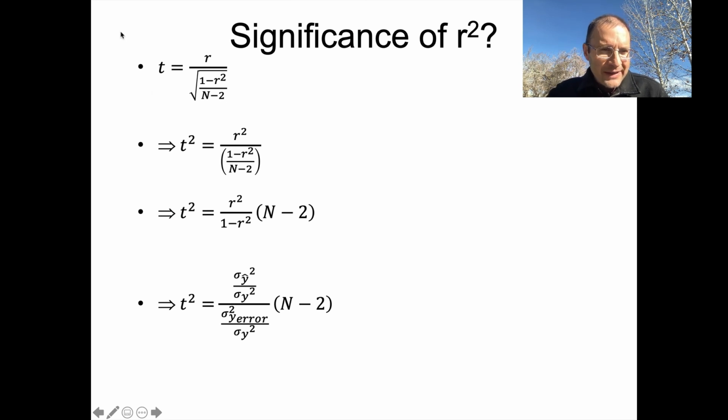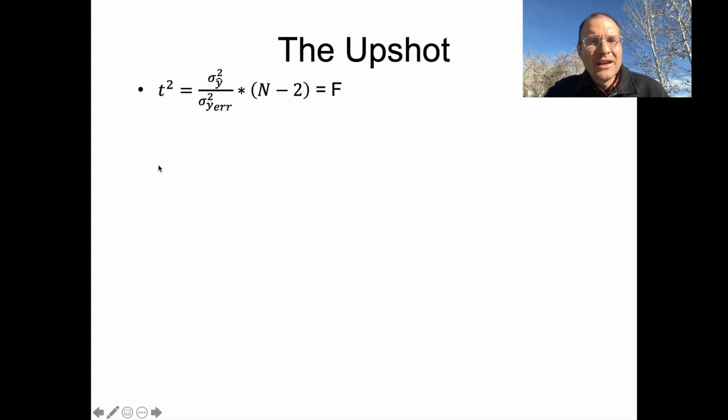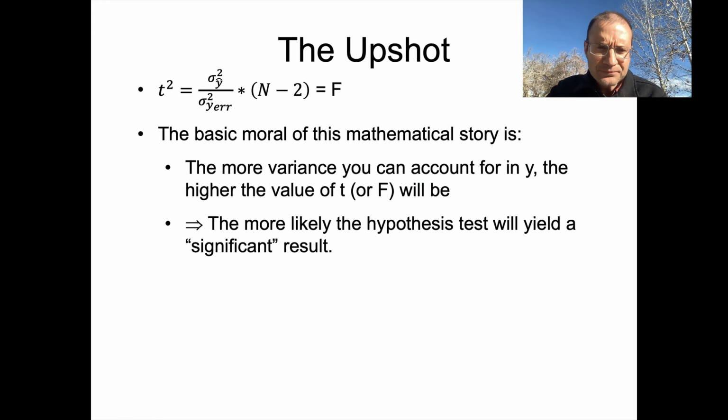If I take the ratio of those percentages, I get t squared equals the percentage of y I can predict, or the variance in the predicted values of y, divided by the variance in the error values of y, times n minus 2. That is equal to F. So basically, the more variance you can account for in y, the higher the value of t, or F, will be, and the more likely the hypothesis test you run as part of this linear regression analysis will yield a significant result.